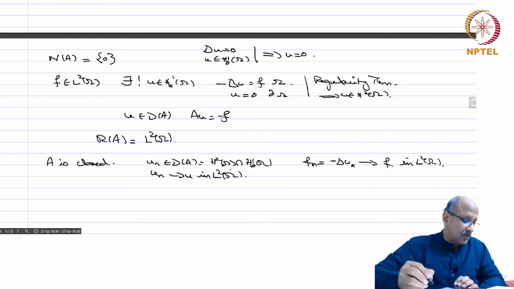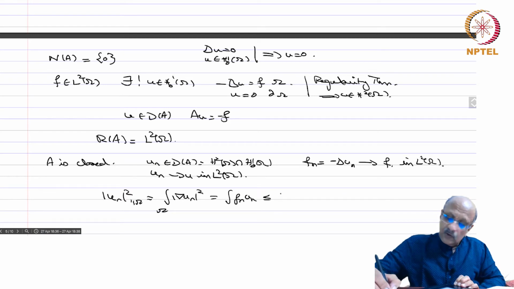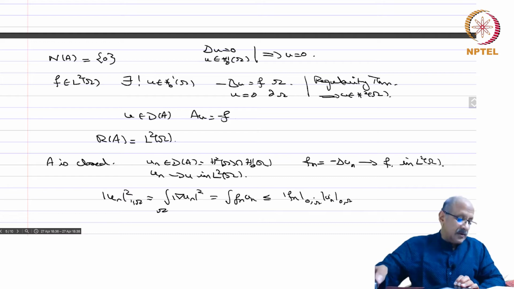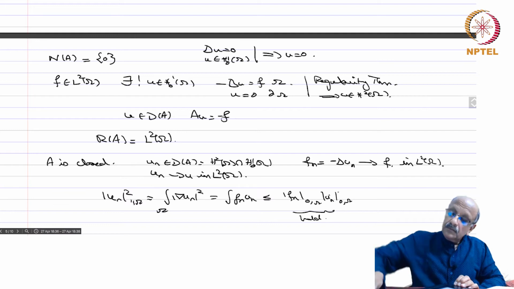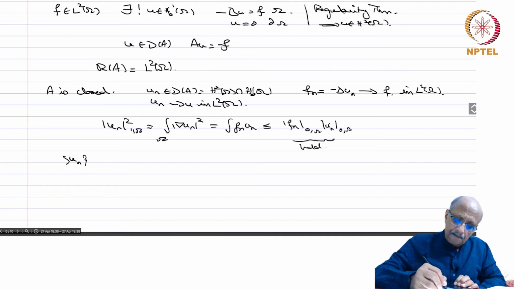But the integral of mod grad un squared on omega is equal to the integral of fn un, which is less than or equal to the norm of fn in L2 of omega times the norm of un in L2 of omega, and this is bounded. So un is bounded in H1 0.